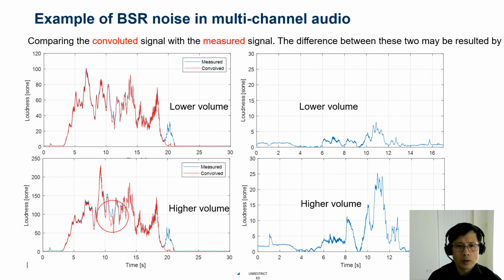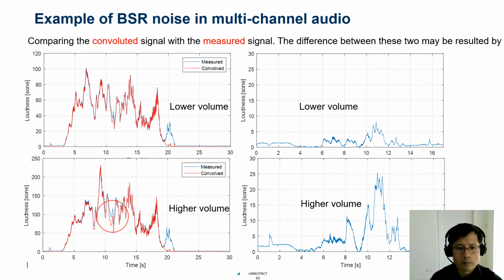To calculate the mean loudness difference, we have used a binaural loudness model based on the 3 dB loudness summation rule. This combines the left ear and right ear signals and calculates the loudness values.